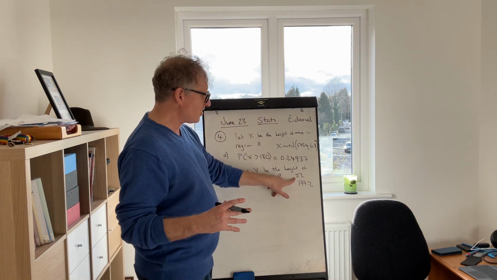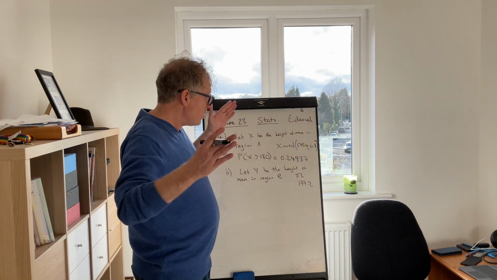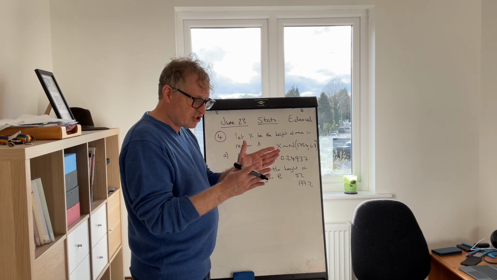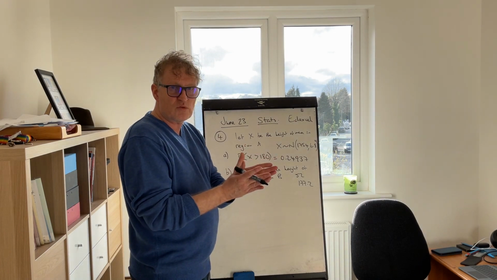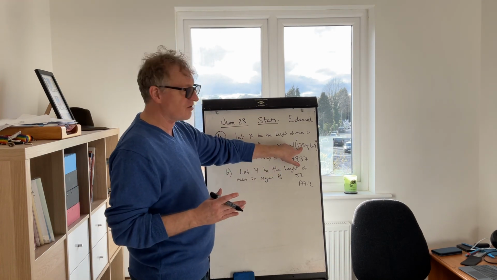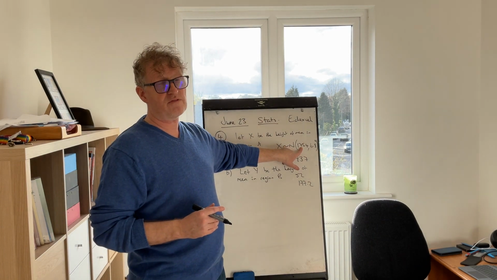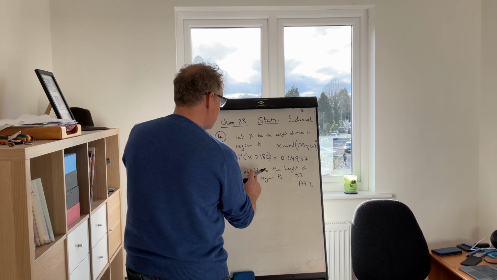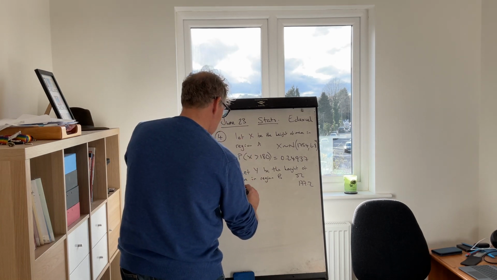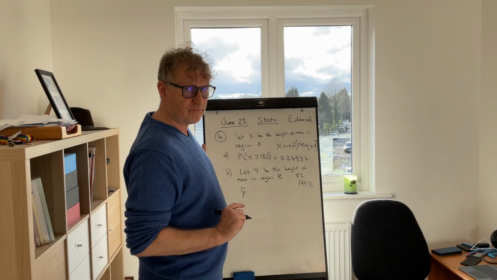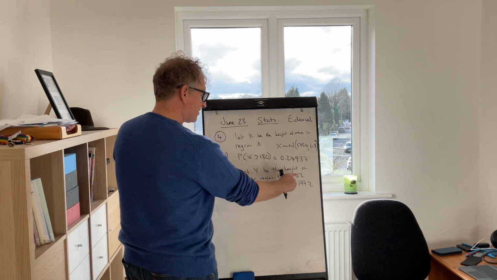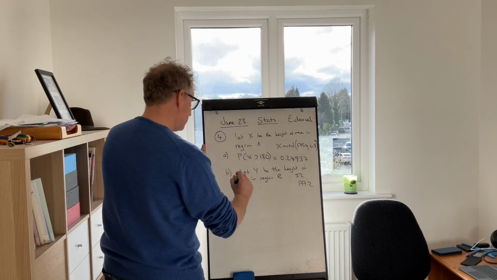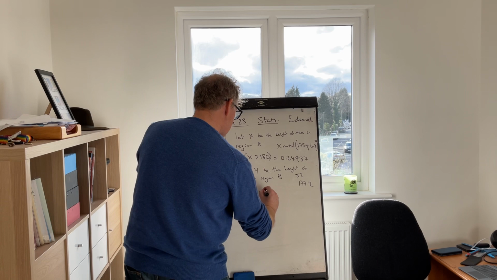So the bigger the sample you're taking, the more your standard deviation should get smaller and smaller, closer and closer to this 175.4. So what we do for a mean is we're taking the mean now of that sample. So we use Y bar because it's the mean of a sample that we're taking. And that should be normally distributed.